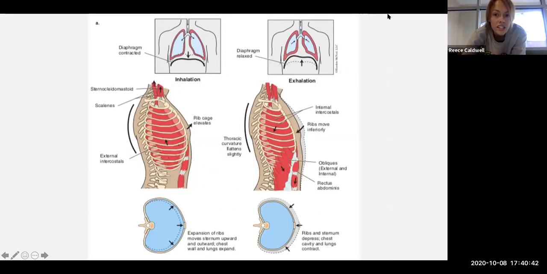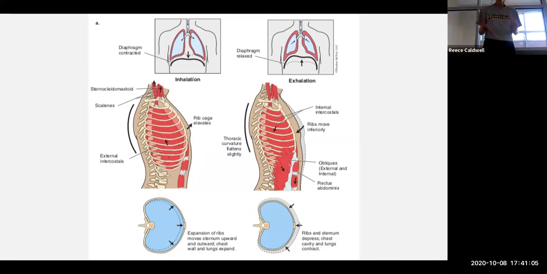Okay, and so this is a diagram that I took from the respiratory chapter of our book. But respiration is one of the coolest functions of the body, in my opinion. So we're going to look at the two muscles that are involved in breathing or respiration. We're not going to look at the different functions that are happening here.